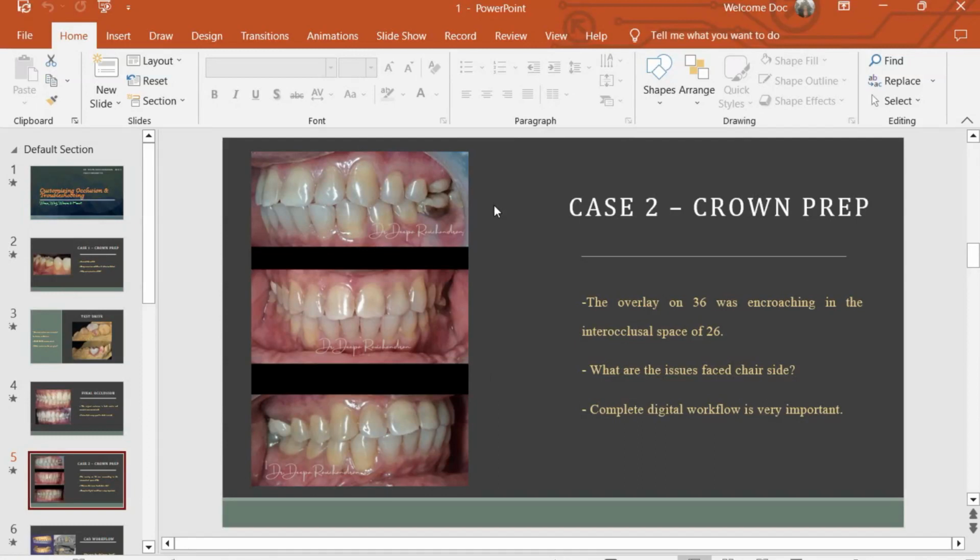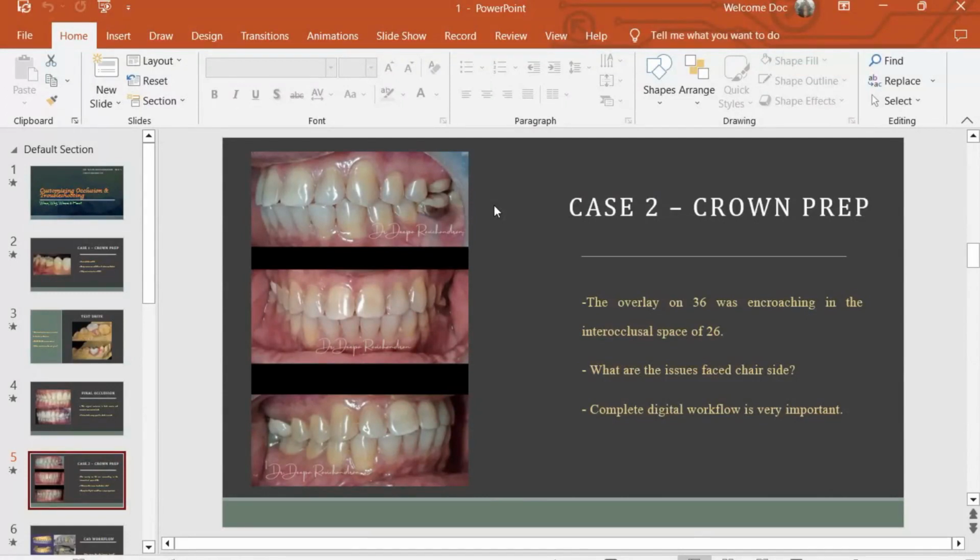The second thing is that these type of cases are not simple CLP procedures where we only remove a little bit of the gingiva and we are going to gain more tooth structure, thereby allowing me to reduce a bit more occlusally. It's not that simple. Most of these cases end up being cases of osseous reduction.